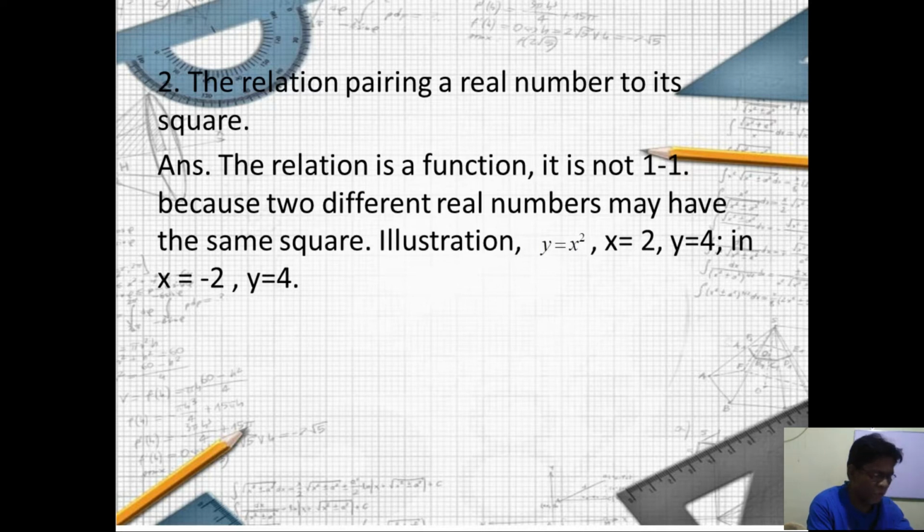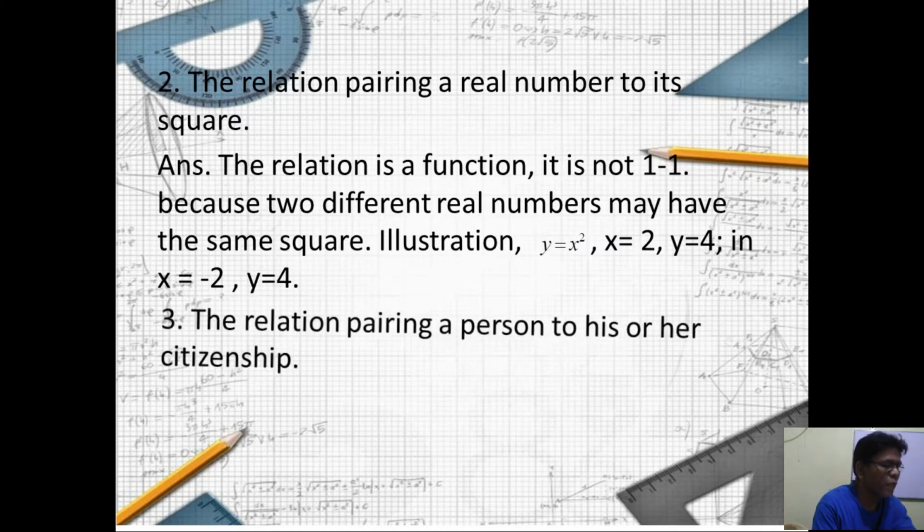If we substitute x = 2 into x^2, the answer is 4. And if we substitute x = -2 into x^2, the answer is also 4, meaning 4 is paired with 2 and -2. The definition states that a y value is never paired with more than one x value.